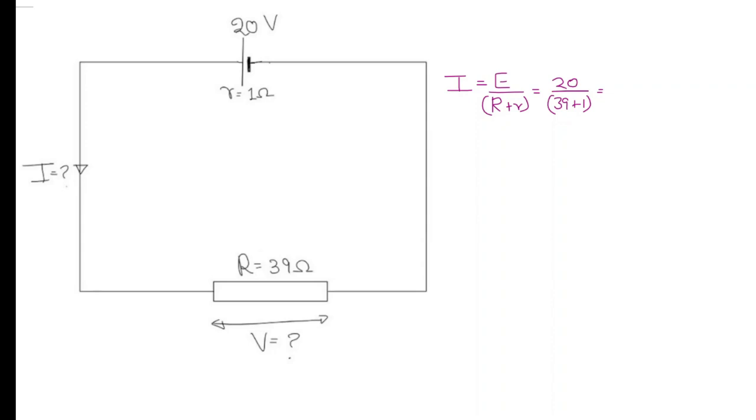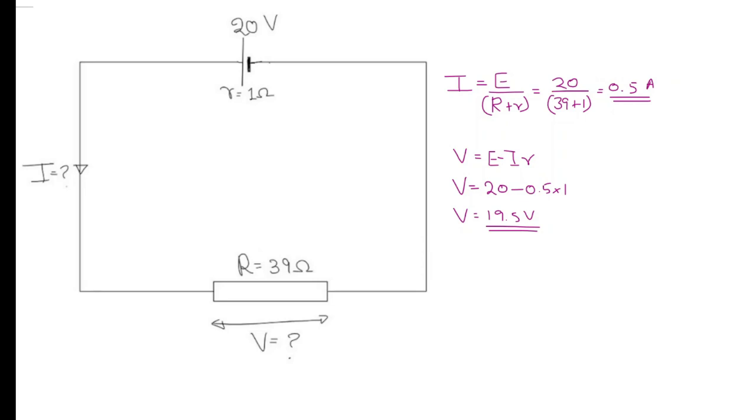E is the EMF, which is 20, divided by the total resistance, 39 and 1, which is 40. So the current is 0.5 amps. Then to get the terminal PD, let's put it in the formula. V is equal to E minus Ir. Substitute the values and you can see the terminal PD is 19.5 volts.